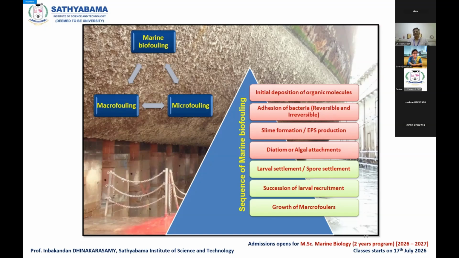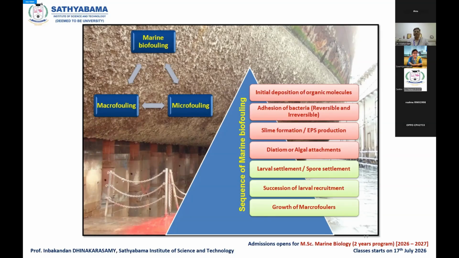Once the bacteria start attaching to a surface in an irreversible manner, they develop quorum sensing behavior, and through the van der Waals force, as well as slime formation, they start the slime formation activity and EPS secretion.